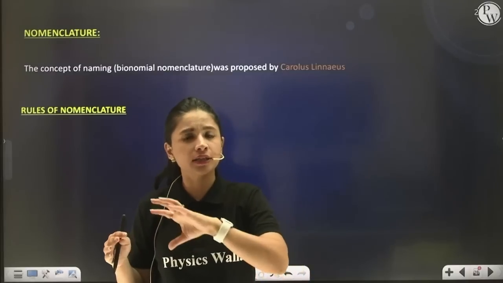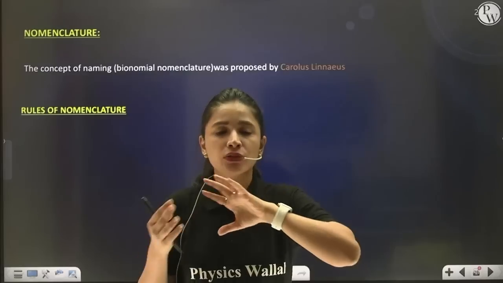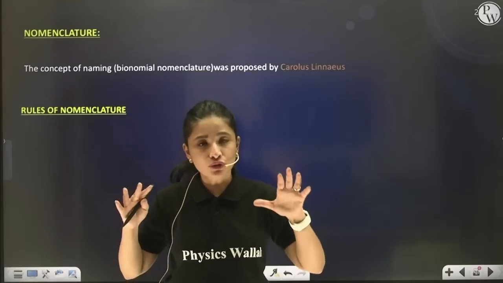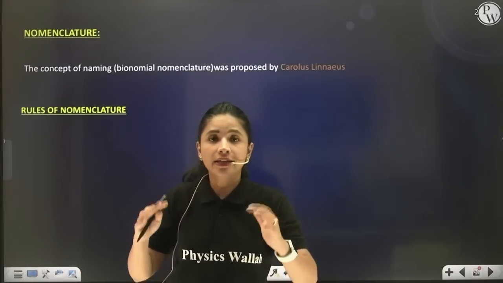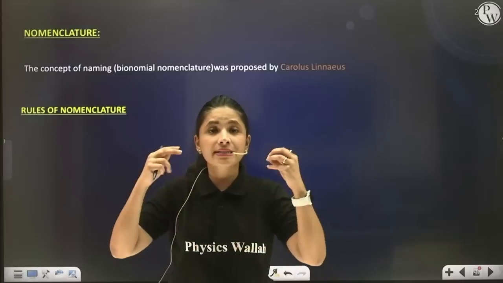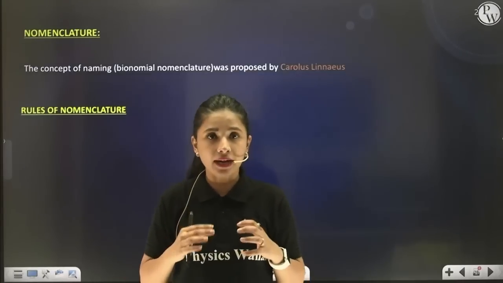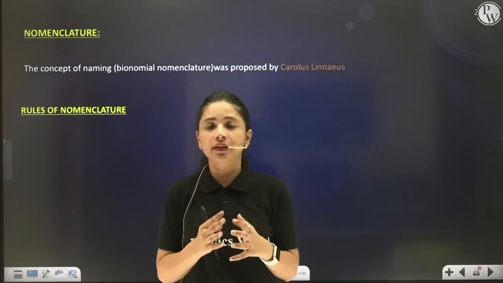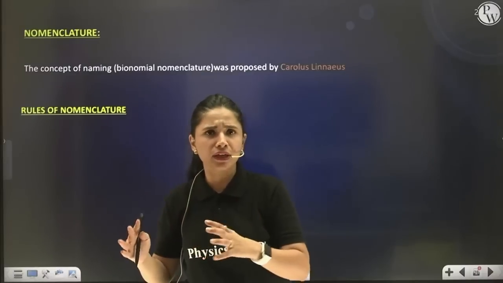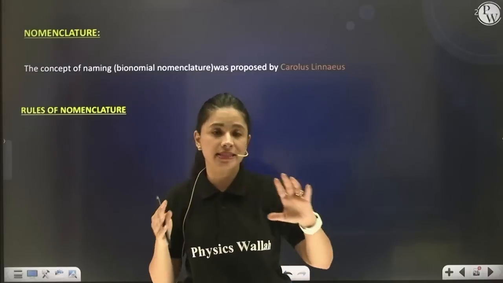That was not appropriate. That was creating confusion. So scientists thought, why not make certain rules, certain regulations, so that all the names of the organisms, at least scientifically, should be globally accepted.